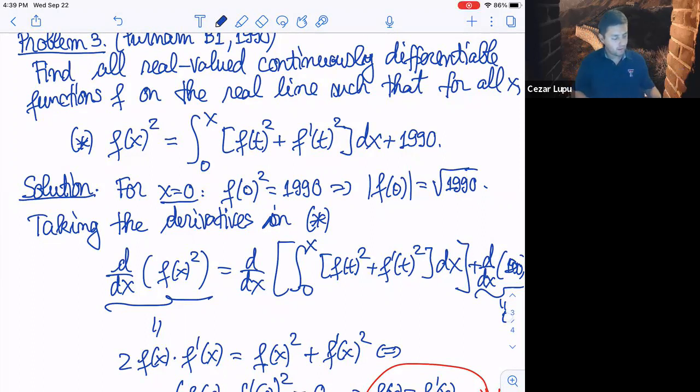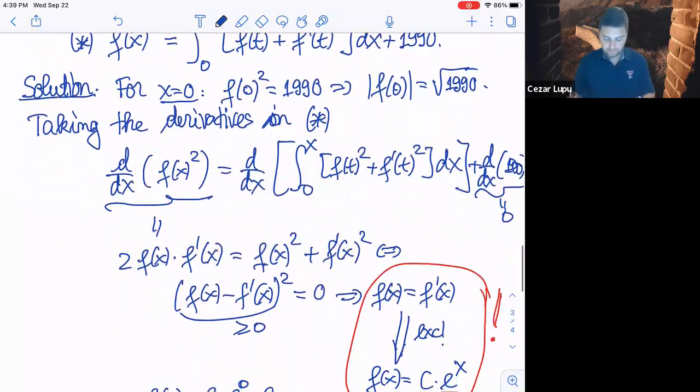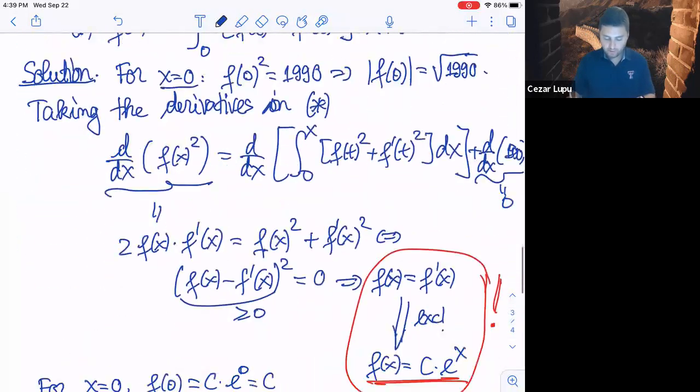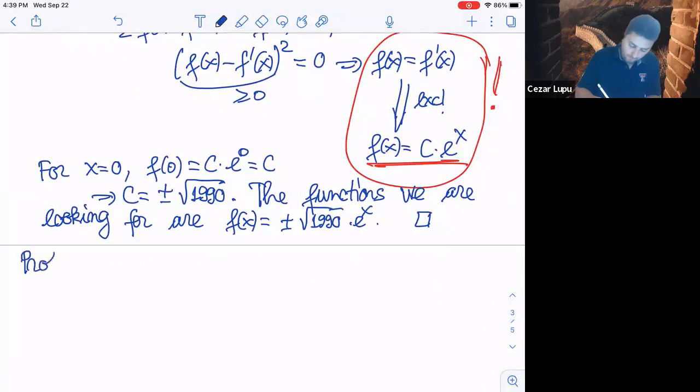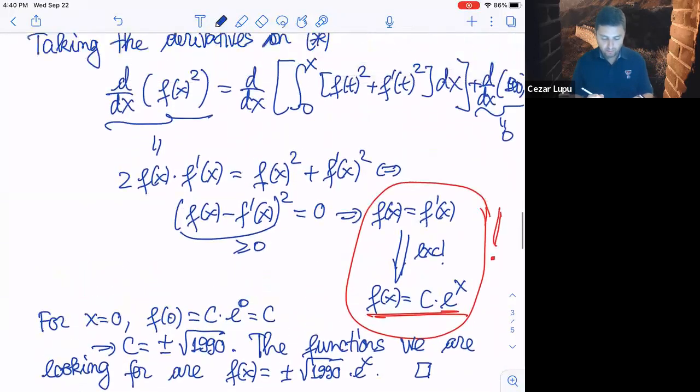All right, I think I have 2 more problems to go. So the next one is the following. This is problem 4. This is a very nice problem, though. It's more or less in the same spirit as problem number 2.